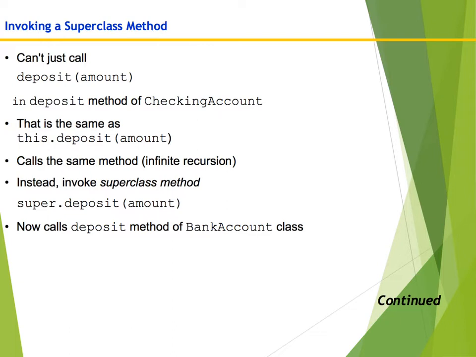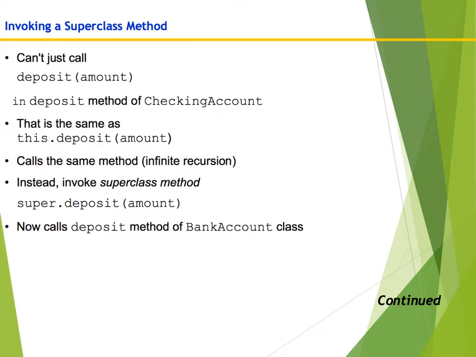So instead, you need to explicitly say that you are invoking the method of the superclass. That's why we use the word super. It's a keyword. We write super dot deposit and the amount. This way, the Java compiler would know which method to invoke.